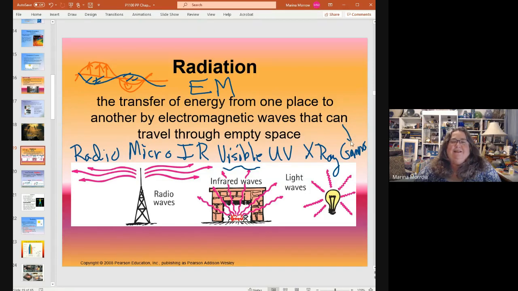Gamma radiation is the highest. That's why, like in the movies, the Hulk is damaged by gamma radiation. That is the highest frequency, which means it has the shortest wavelength. Radio waves are the lowest frequency and have the longest wavelengths. They can be miles long, whereas a gamma wave has a wavelength about the size of the nucleus of an atom.